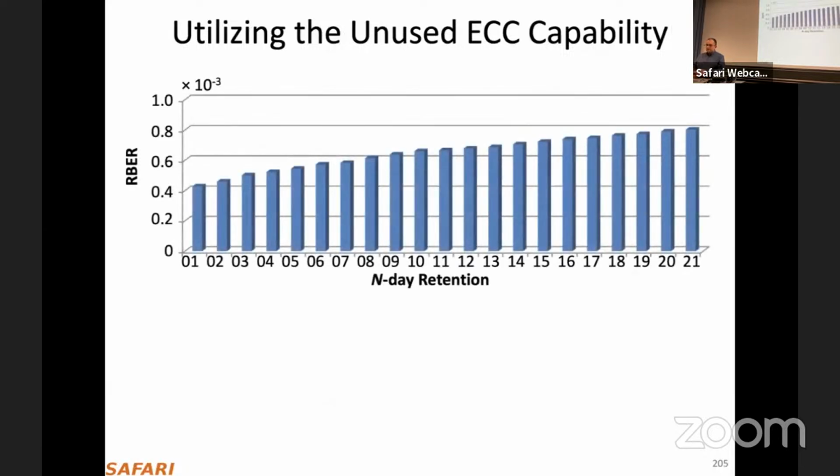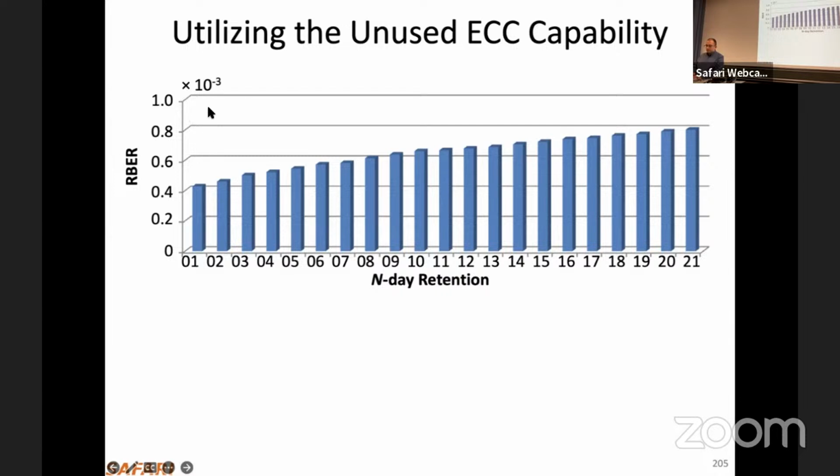So our idea here is that we want to utilize the unused ECC capability. Here on the x-axis, you can see the retention, the number of days. When your device is quite young, your raw bit error rate is much lower than your ECC capability.